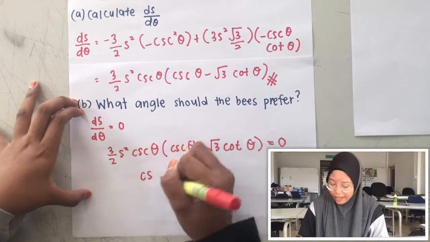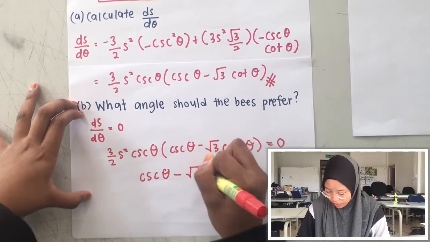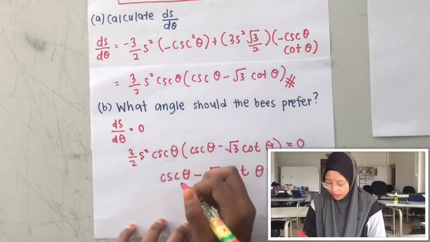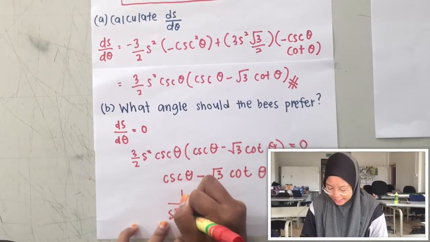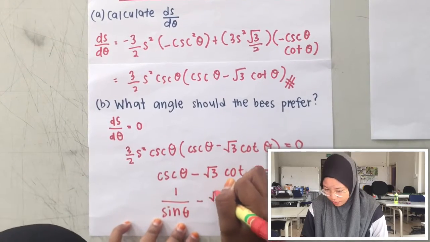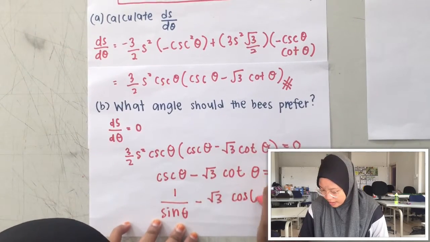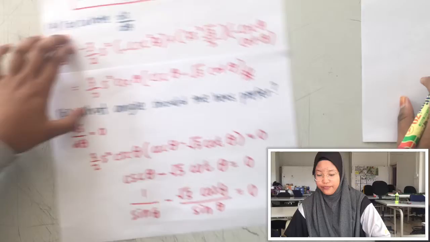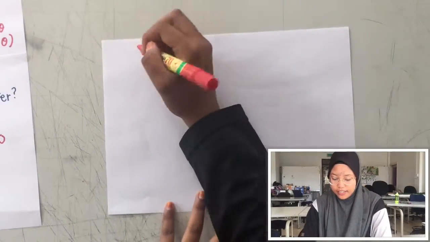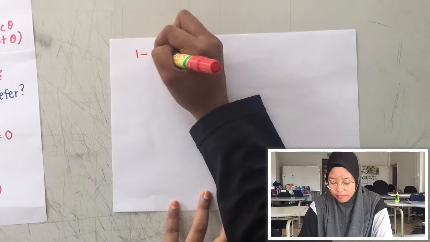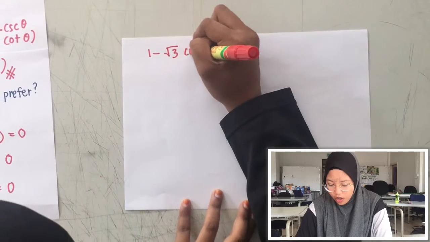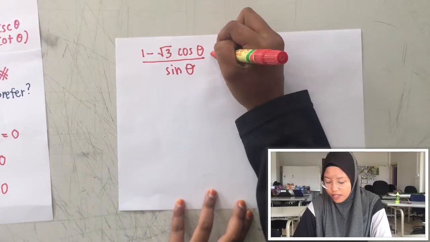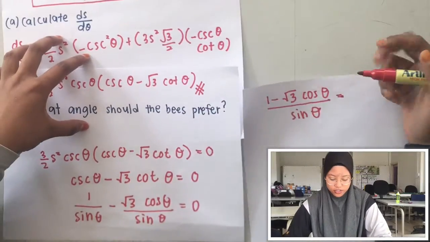So we are left with cosecant theta minus square root 3 cotangent theta equals 0. Cosecant theta equals 1 over sine theta, minus square root 3 cos theta over sine theta equals 0. Next, the equation will be 1 minus square root 3 cos theta over sine theta, since the denominators for both are sine theta.